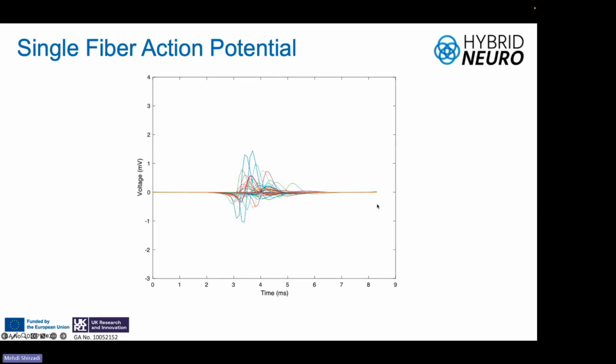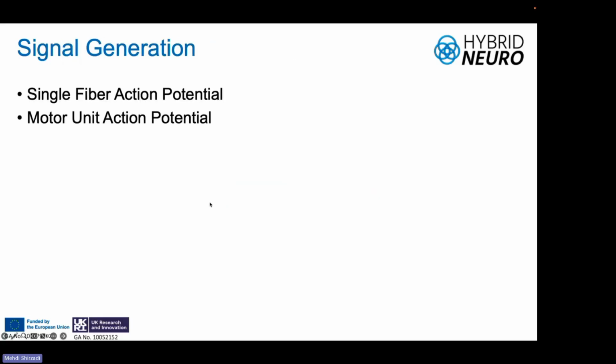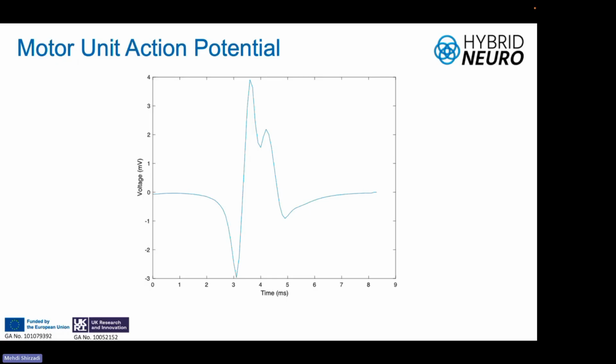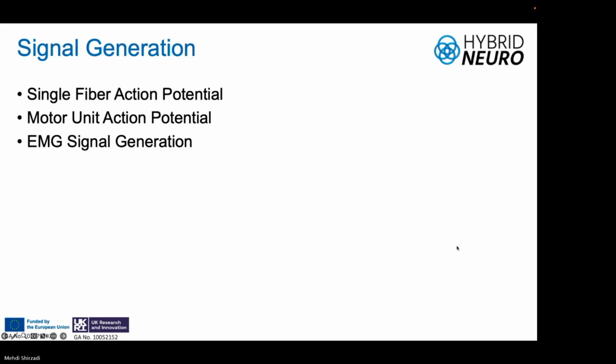If we plot all of the single fiber action potentials for each one of the motor units, we have a shape like this. You can see that each single fiber action potential is different. To create the motor unit action potential, we need to sum all of them together, to get something like this.